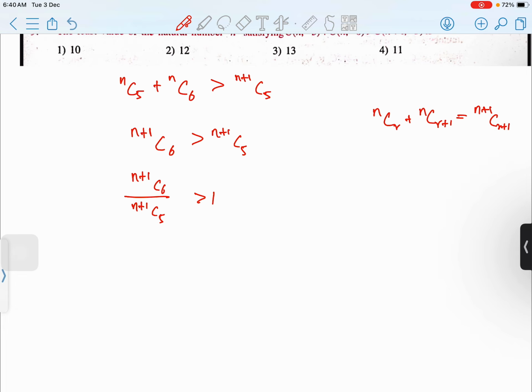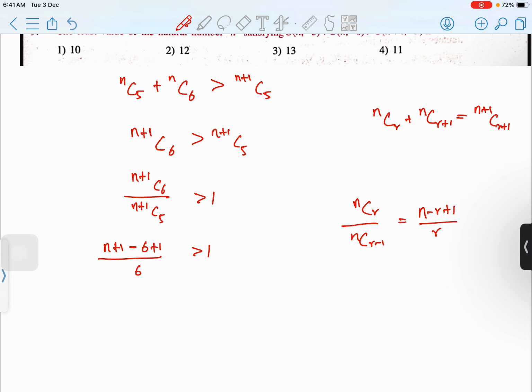If you apply the formula, or by now you could have used that formula, right? nCr by nC(r minus 1) is nothing but n minus r plus 1 divided by r. So here instead of n you have n plus 1, and the greatest r among them is 6, so n plus 1 minus 6 plus 1 divided by 6, r value is 6, greater than or equal to 1.